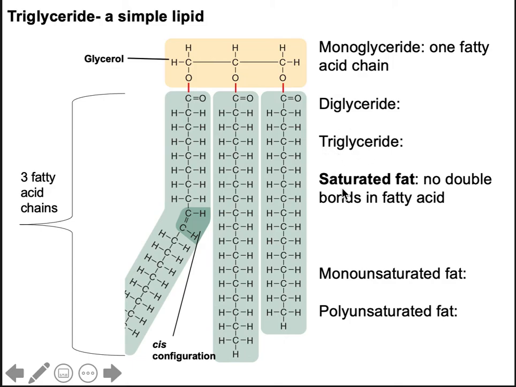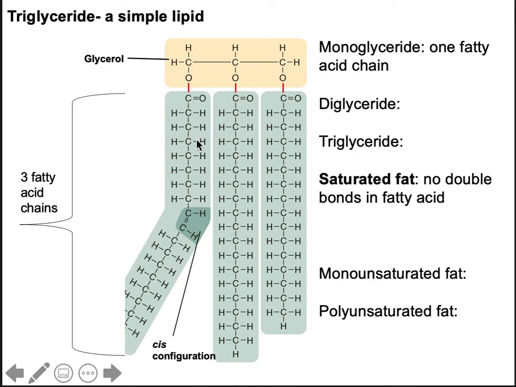Now, the difference between saturated and unsaturated. So when it's saturated, it'll look like this tail here and this tail here, which are completely saturated with hydrogen all around. So there are no double bonds in this tail, all single. But this third tail has a double bond.